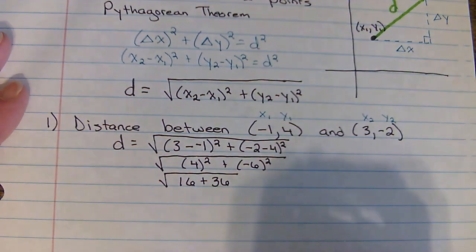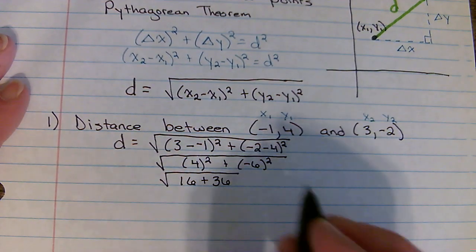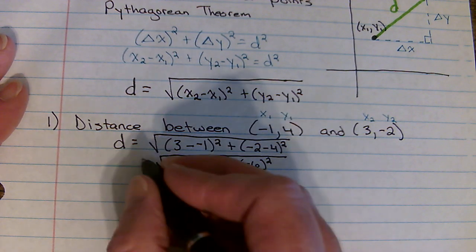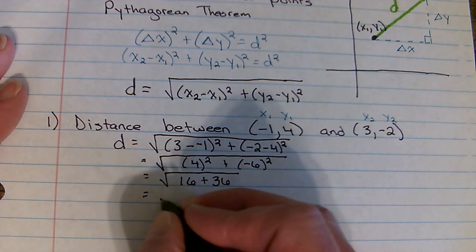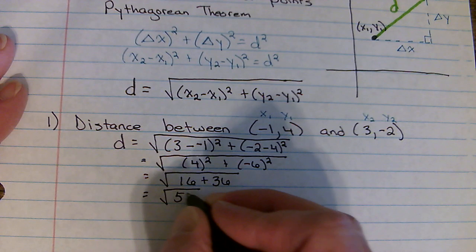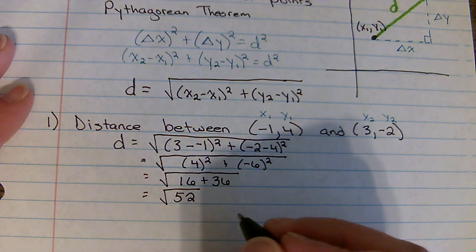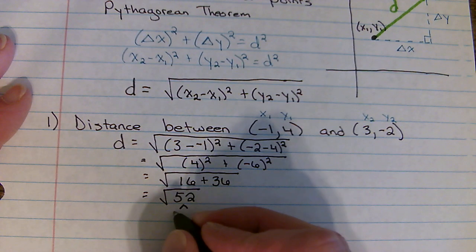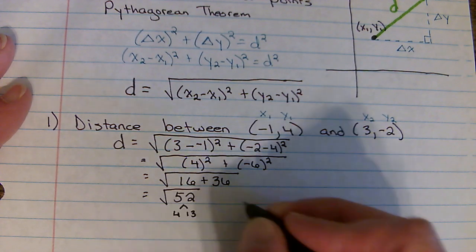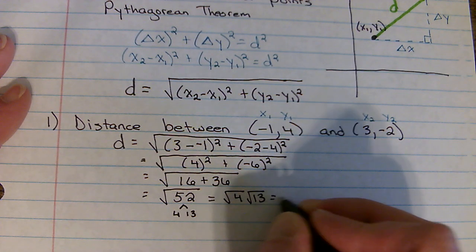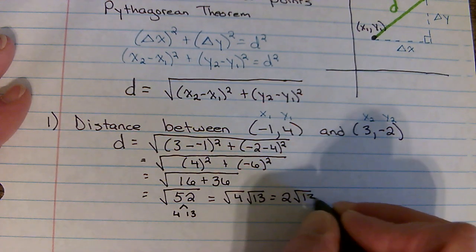So every time you square a negative, it's going to be positive. If you're putting it in the calculator, make sure you put parentheses. That's the square root of 52. And we can simplify that. That's 4 times 13. So that's the square root of 4 times the square root of 13, or 2 square root of 13.